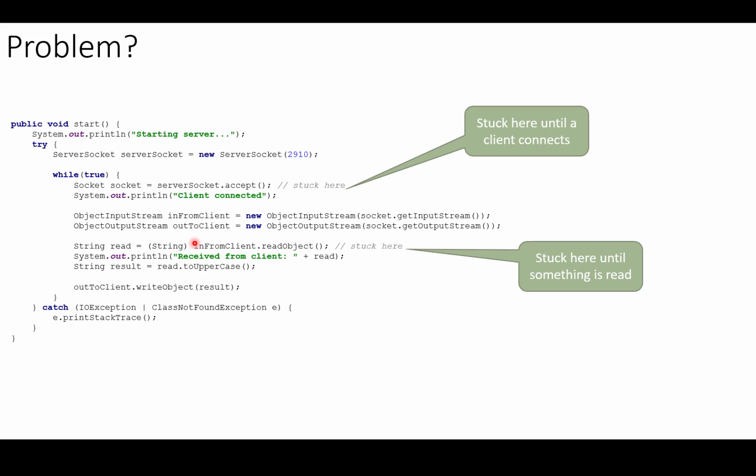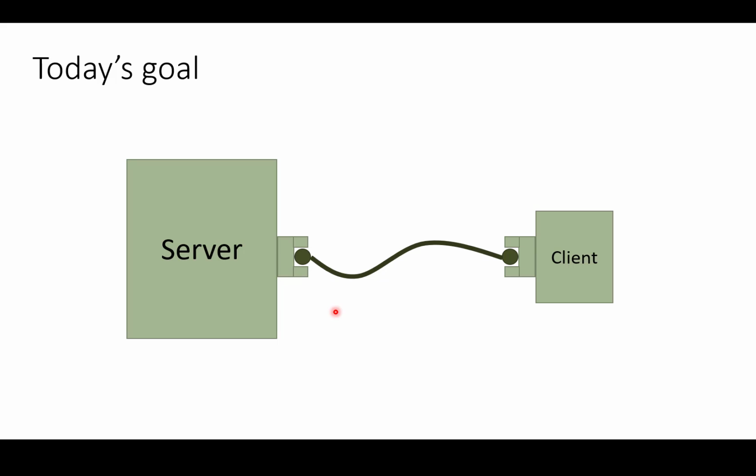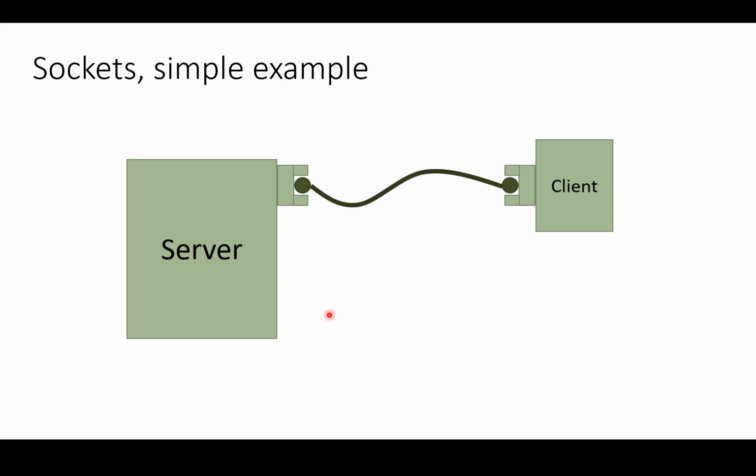I could not handle two clients at the same time, or even more than that, and that's what we're going to fix today. So today's goal is that I have a server, that's a socket, and that's a client, and we want to be able to handle multiple clients.